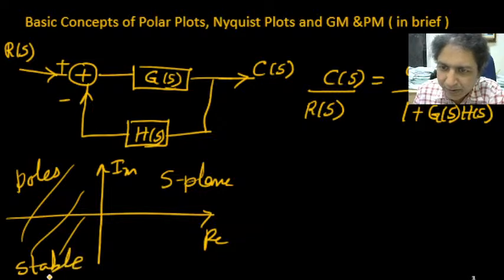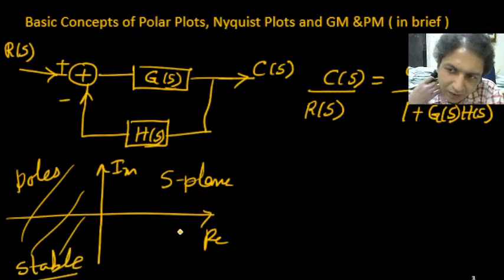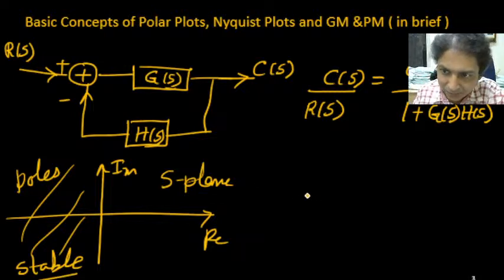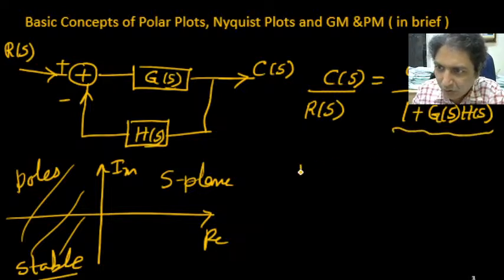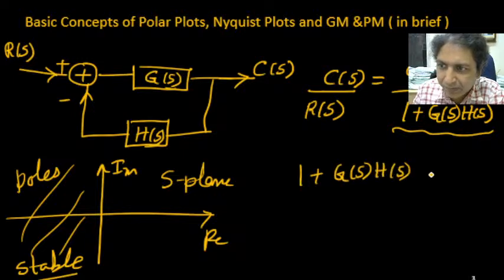If we find any closed loop pole on the right hand side of the S-plane, then it will become unstable. So how to find the poles? This denominator 1 plus G(s)H(s), we make it 0. We solve this equation, and that will give you the pole positions.